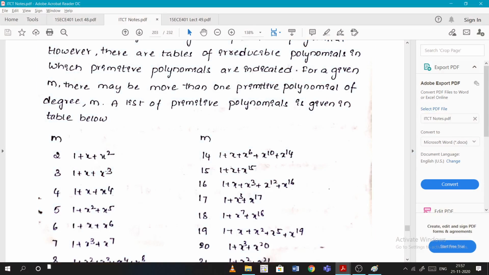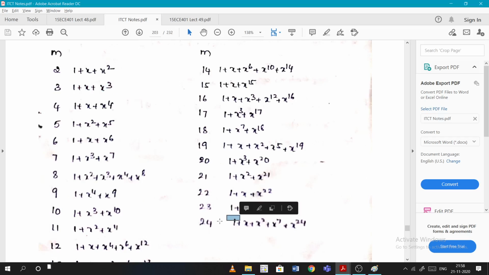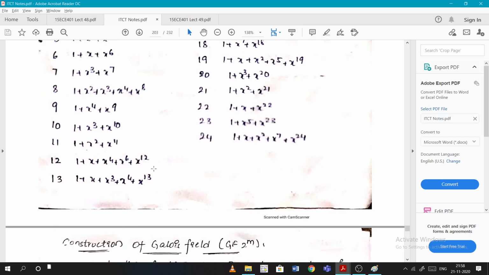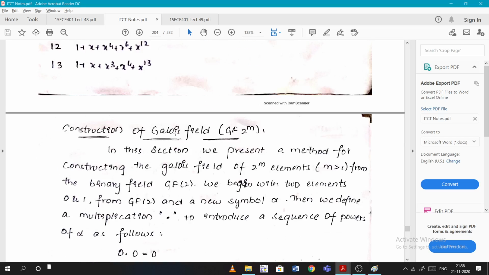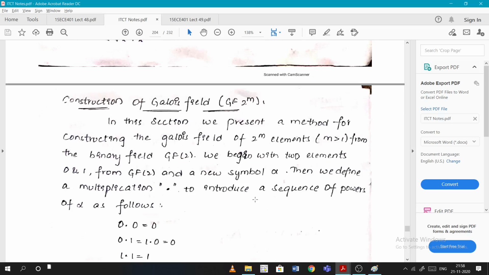But it is not the only primitive polynomial, there might be another combination also, but this is one of them. It might be one, it might be more also. For m equal to 3 we may get more primitive polynomials also, but this is one combination. Like that, up to m equal to 24 they have given a table. Okay, so this is how we will say for primitive polynomials.